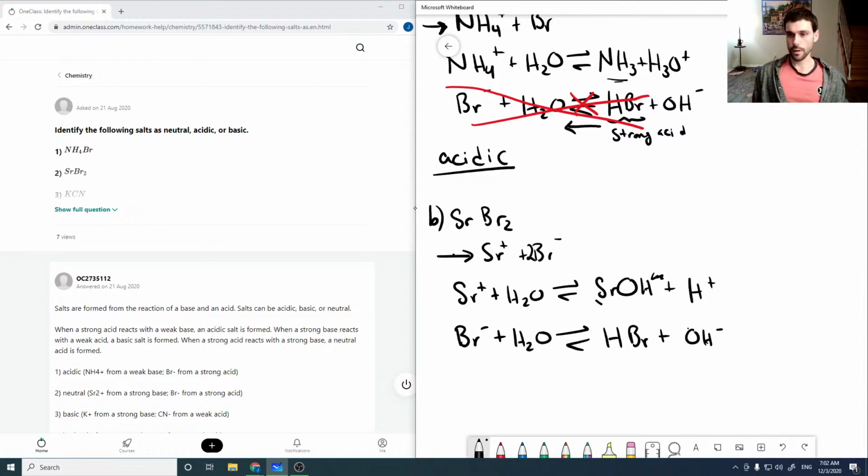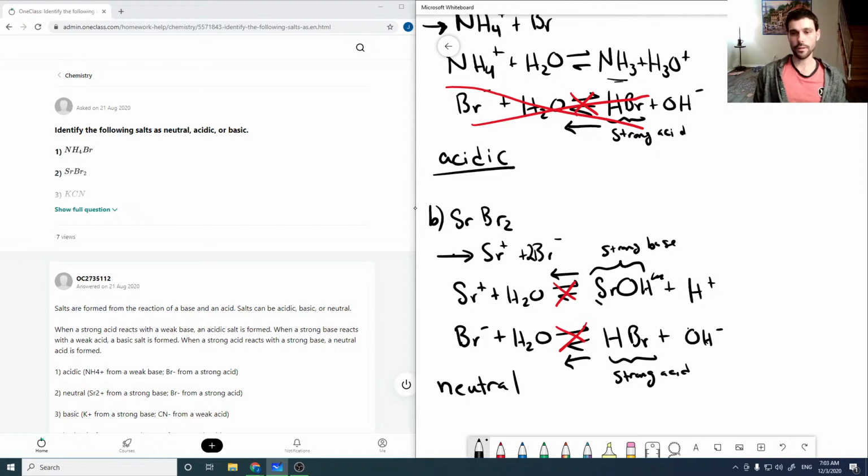if we look, this here is a strong base, and this here is a strong acid, meaning that these don't occur because they're both going to want to just go this way, and so neither of these reactions are actually going to happen, and so the whole thing's going to be neutral, because in the end all we're going to have is the strontium.